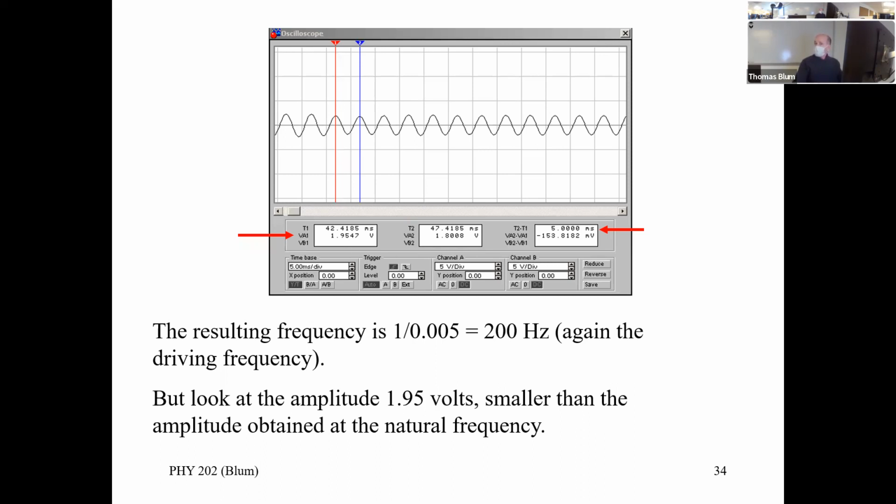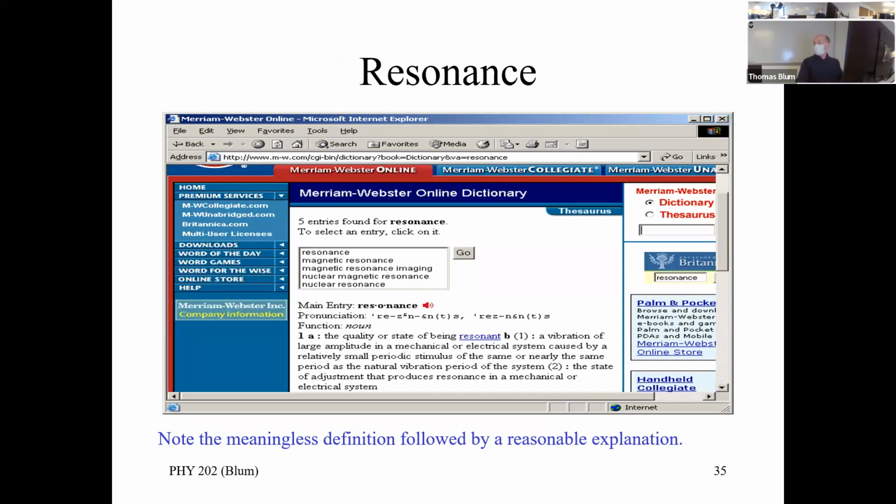So the amplitude, when I'm lower than the natural frequency, is low. When I'm higher than the natural frequency, it is low. But when I'm at the natural frequency, the amplitude is high. This is known as resonance. When I have something that has a frequency, and I can match its frequency, then I get a bigger effect.